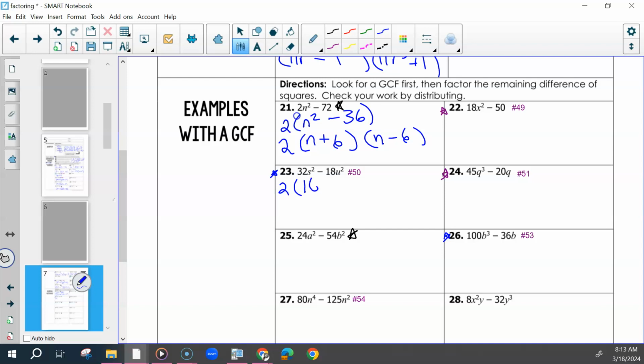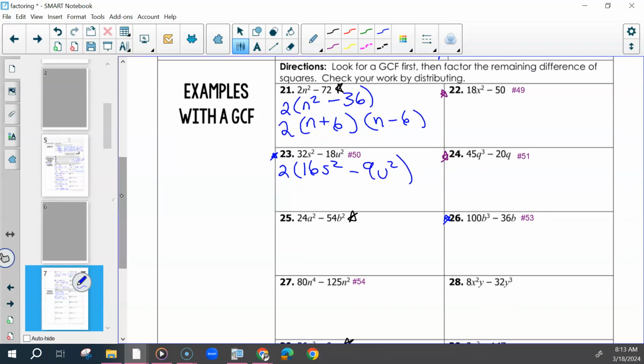16s squared minus 9u squared. Can we do anything else with that? Yes. What? The difference of squares. Okay.